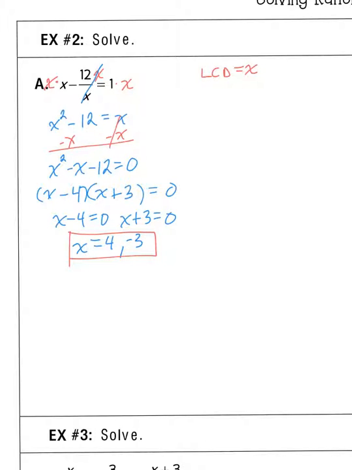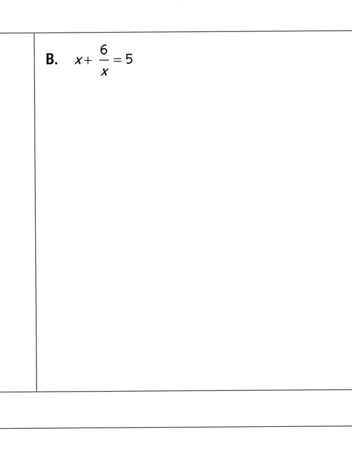So then I want you to pause the video and I want you to try B on your own and then check your answer. So just like A, our LCD is going to be x. Multiply every term by the x. And so I get x squared.